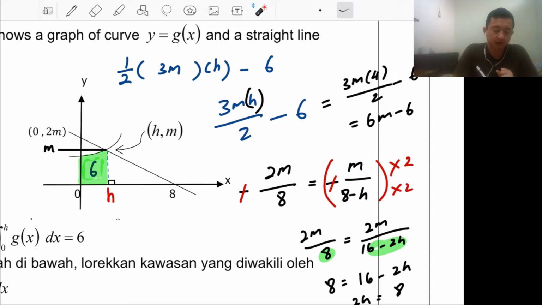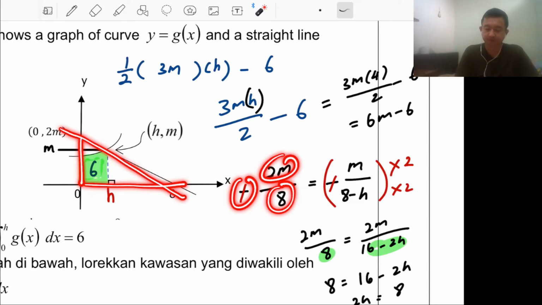So the gradient for this straight line, if I take these 2 points of it, this point and this point, I will have rise over run, which is vertical axis versus horizontal axis, 2m over 8 with a negative sign because it's inclining to the right.